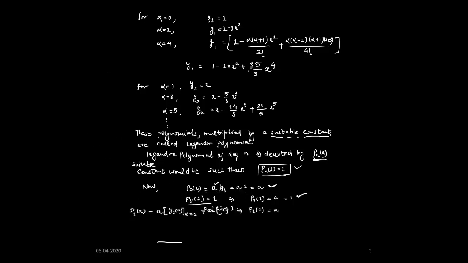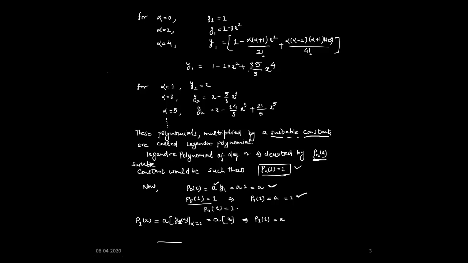Similarly, we can find the Legendre polynomial of degree 1, which is here, y2 equals x. So we'll find the suitable constant here. P1(x) is a times y2(x), for alpha equals 1.